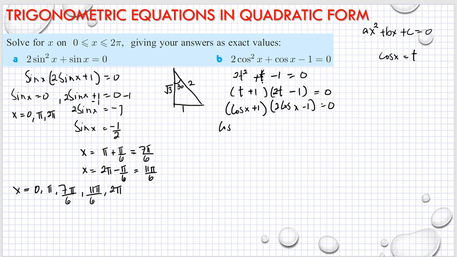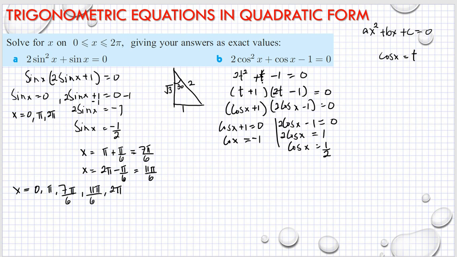So we have cosine x plus 1 is equal to 0, then cosine x is equal to negative 1. The other one, we have 2 cosine x minus 1 is equal to 0, then 2 cosine x is equal to 1, and cosine x is equal to 1/2.